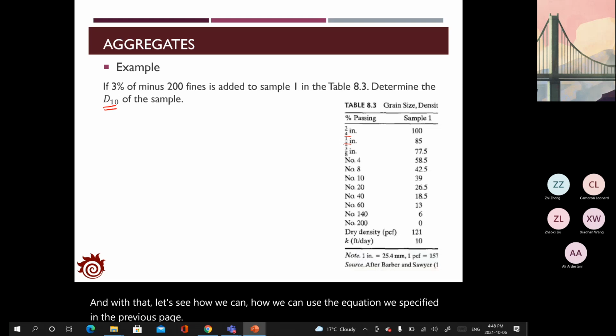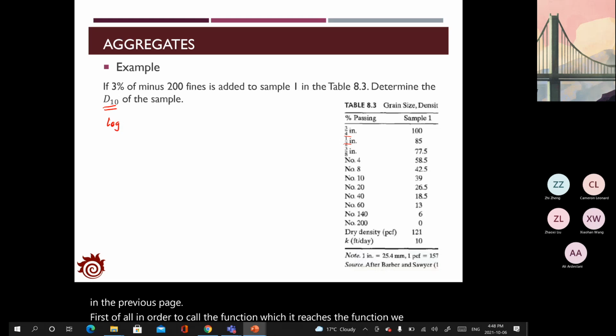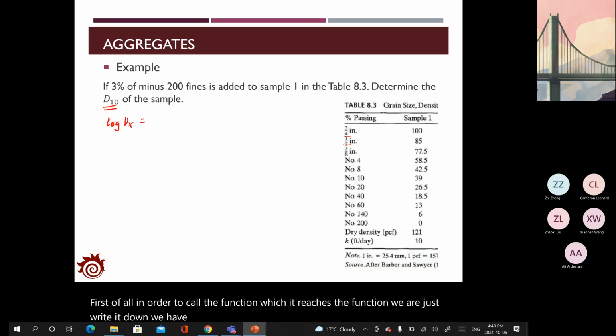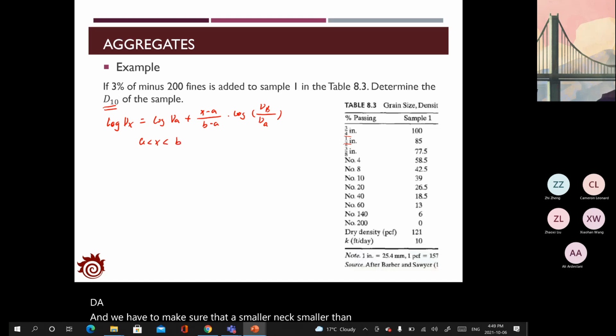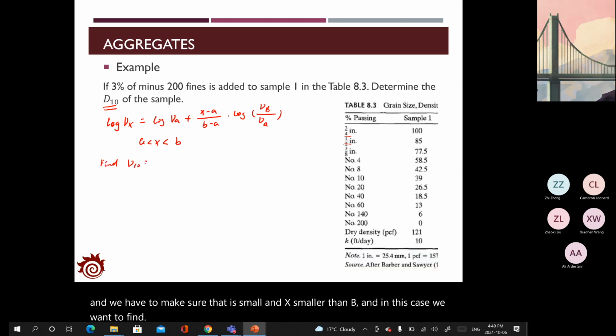First of all, the function I just wrote down is: log dx equals log dA plus x minus a divided by b minus a times log of dB divided by dA. And we have to make sure that a is smaller than x, smaller than b. In this case, we want to find D10.